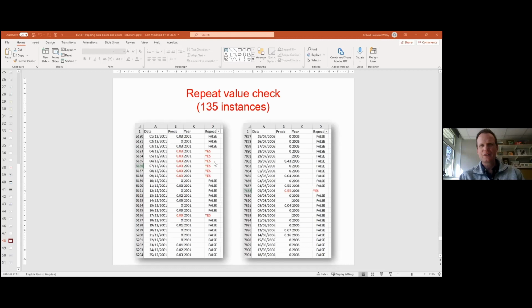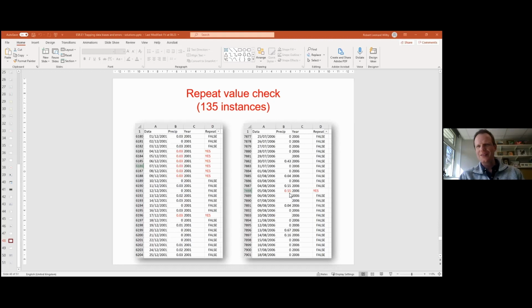Here I've done a quick check to see whether the value before is the same as the value after. False, yes. And you can see here an extract for December 2001 where you've got lots of rainfall values all the same for an entire week.